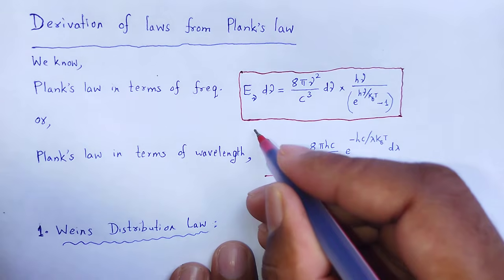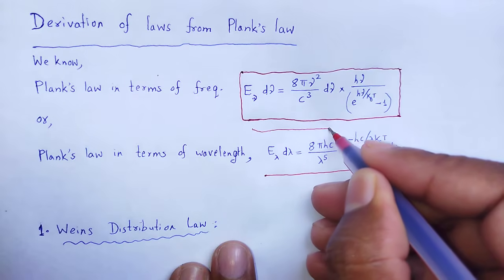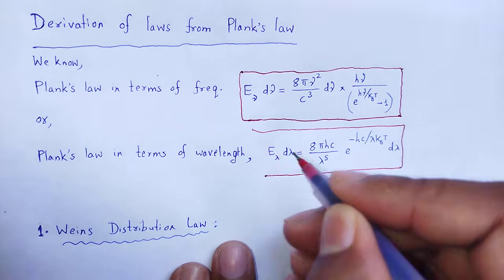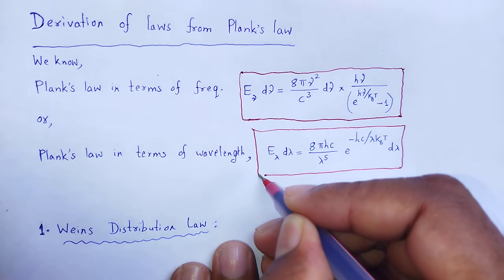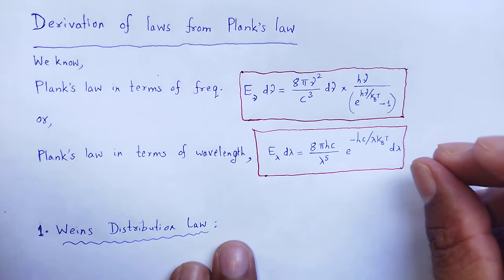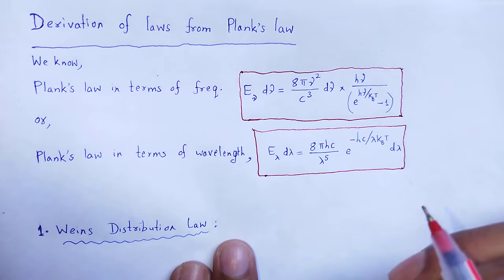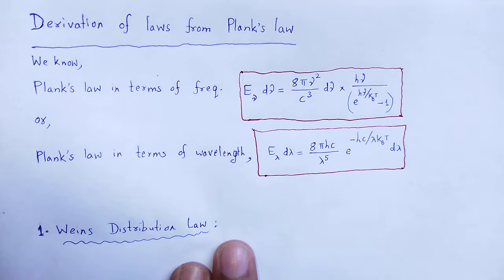That is the expression for Planck's law of blackbody radiation in terms of wavelength. By using any one of these equations, we can derive various laws proposed by various scientists regarding blackbody radiation.